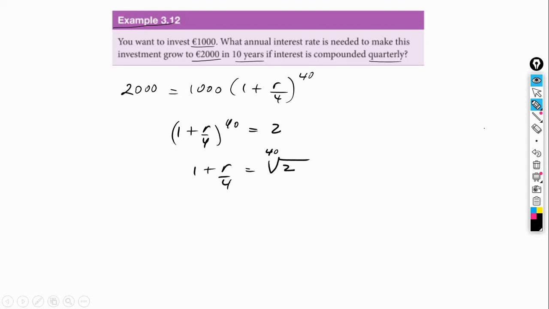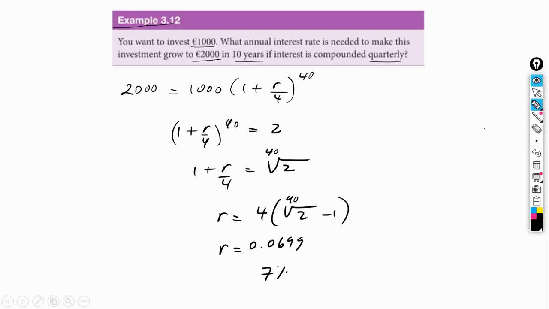And then we would get that r is simply going to be 4 times the 40th root of 2 minus 1. And we can plug this in the calculator, and we're going to get something like 0.0699. So we could say that you need an interest rate of about 7%.